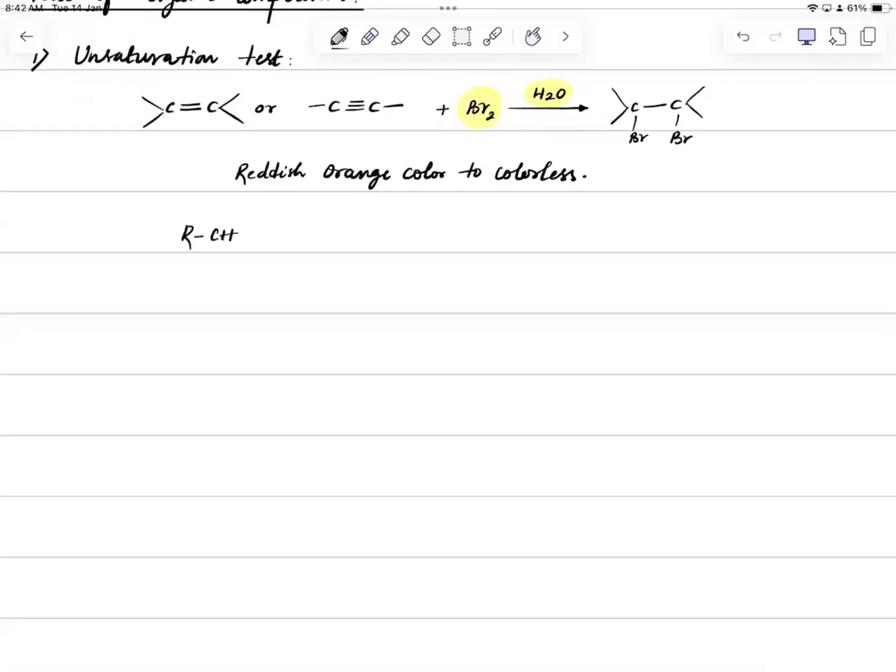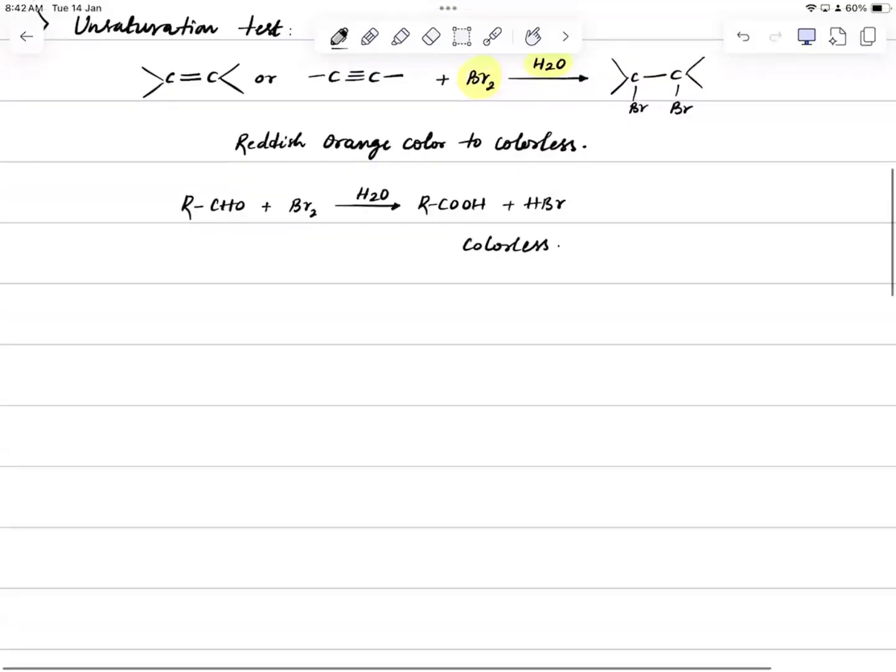If you have an aldehyde and you react with bromine water, here also it will become acid, RCOOH, and HBr becomes colorless. Got it? These are two places specifically where you need to remember the role of bromine water.